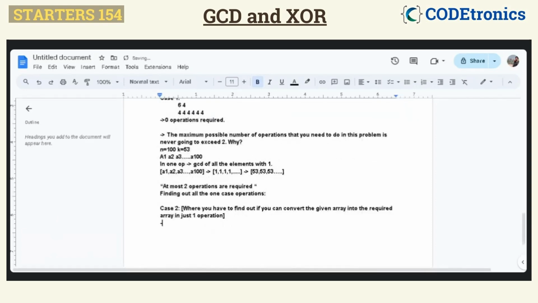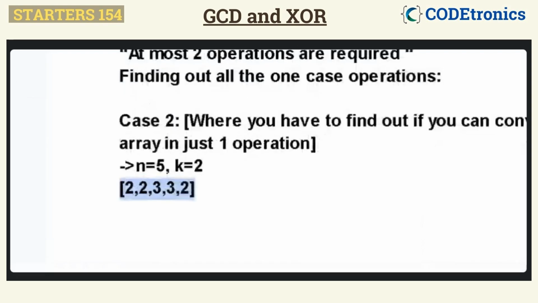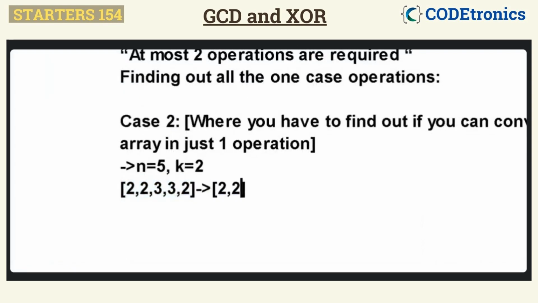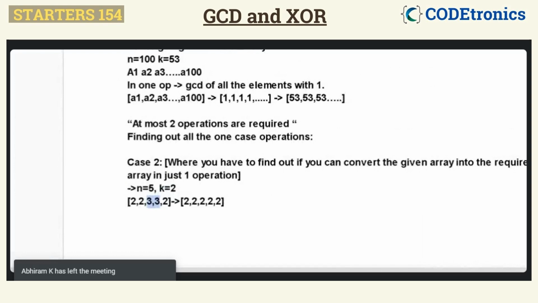You can consider various cases. For example, if you are given n is equal to 5, k is equal to 2, and your array looks like 2, 2, 3, 3, and 2. Can you select this subarray and execute the XOR operation and convert it to 2, 2? Then your entire array transforms to 2, 2, 2, 2, and 2. So what you have to do is search for a subarray that is identical in itself, in entirety.